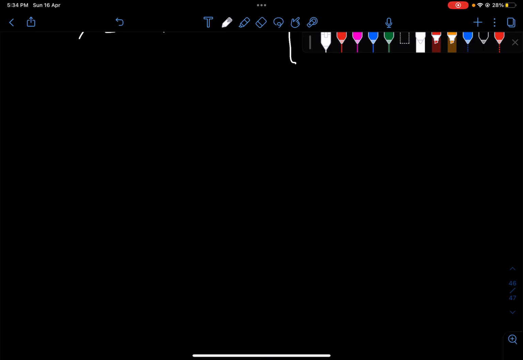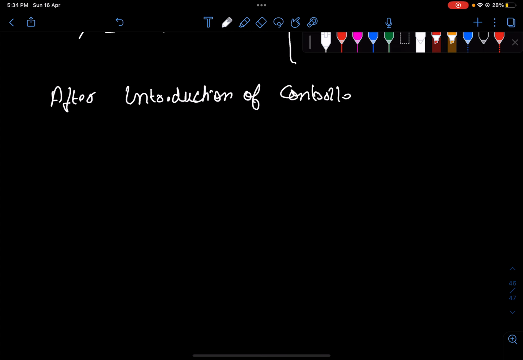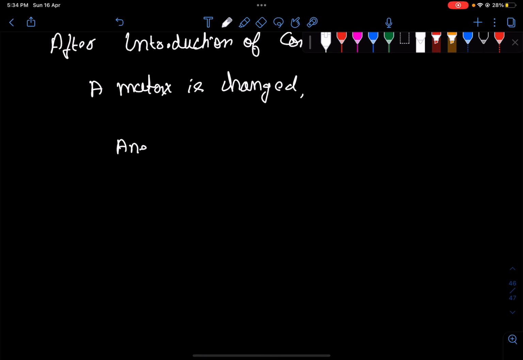So what happened after introduction of the controller? The A matrix is changed and A new equals A minus BK. You know this, right?